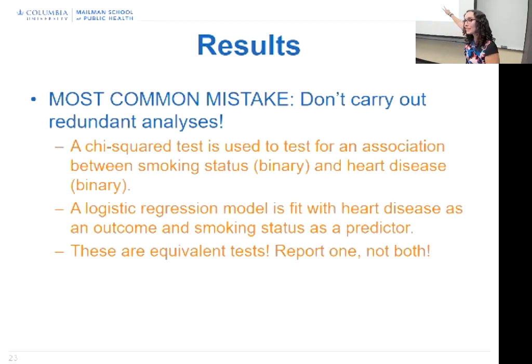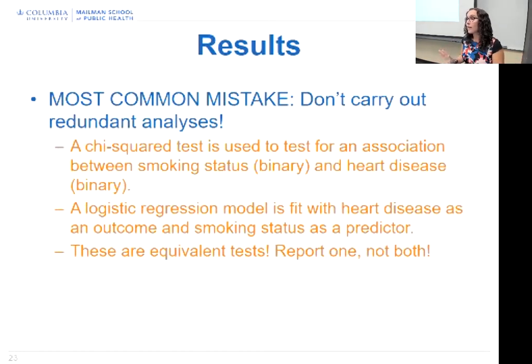Those two things are testing the exact same hypothesis. So without adjusting for any covariates, is there an association between smoking status and heart disease? Generally, the results are going to agree. There might be slight discrepancies, but you should state ahead of time which one is your primary analysis. But don't report both as if they're two different findings.